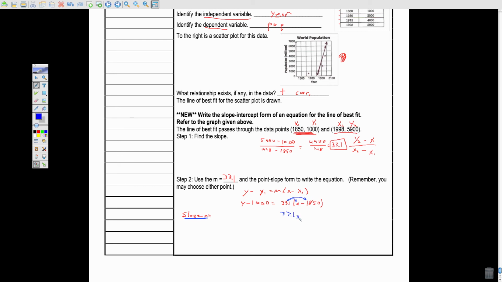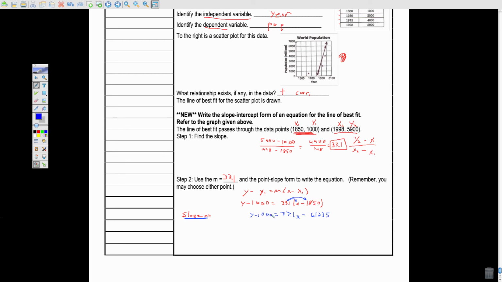So if I did that, I would have 33.1x minus 33.1 times 1,850, which would be 61,235. No, I did not just do that on the top of my head. I plugged it in the calculator, which I expect you to do the same thing.